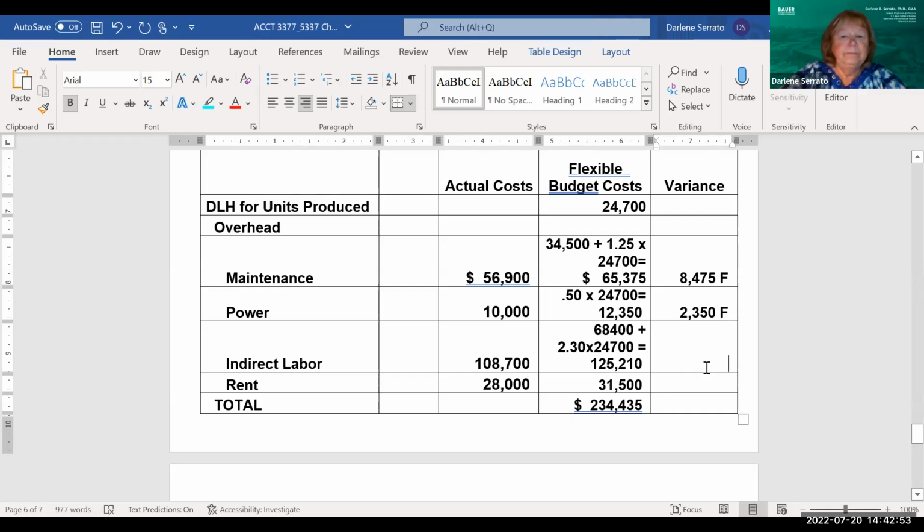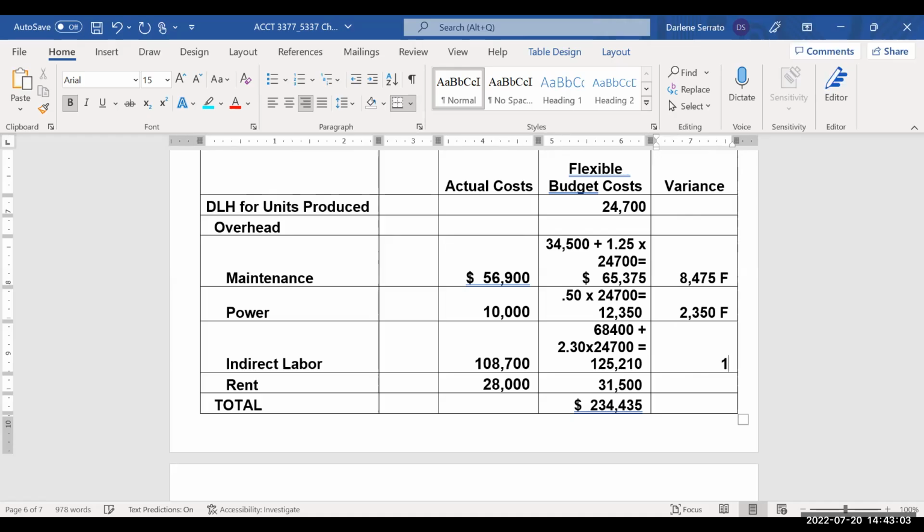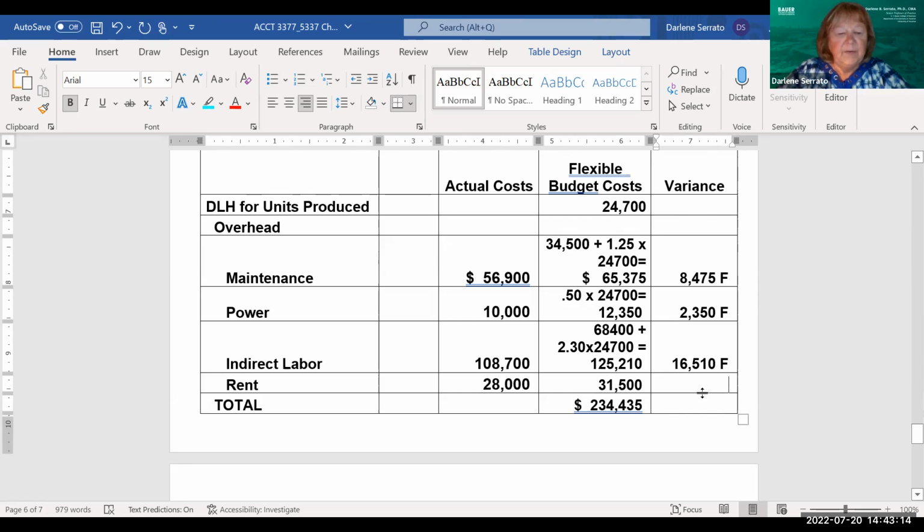Okay, this is the big one. $16,510. And this one, 3,500. Okay. So this is where we are putting the costs together, both the variable and the fixed portions.